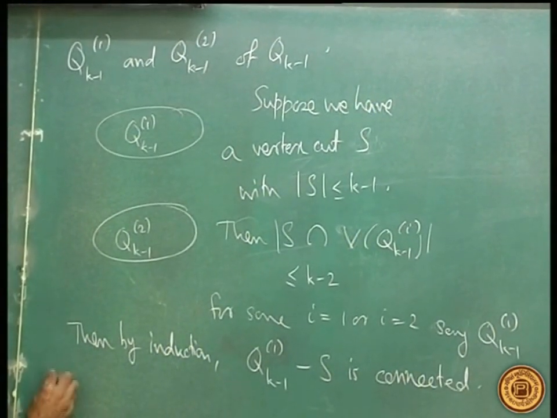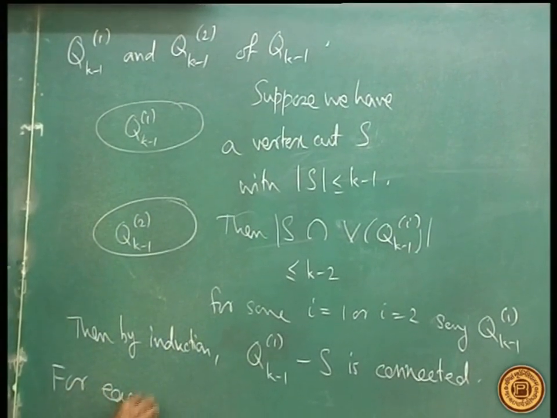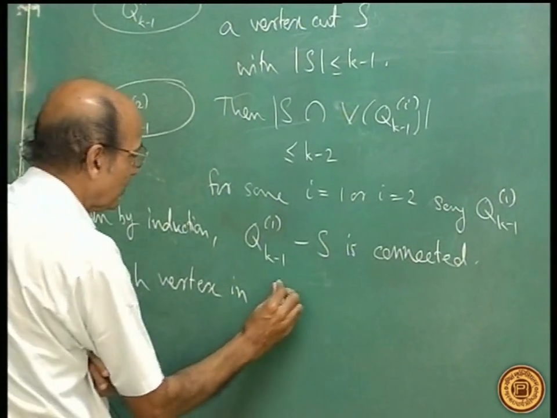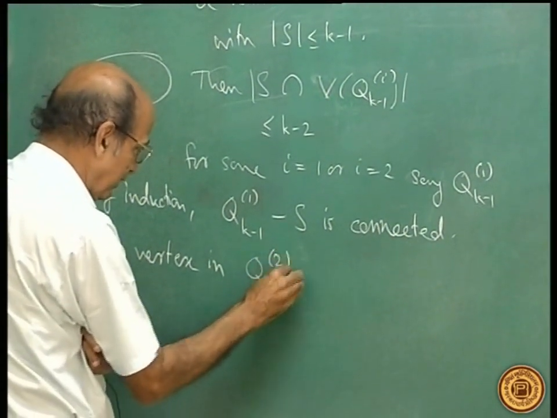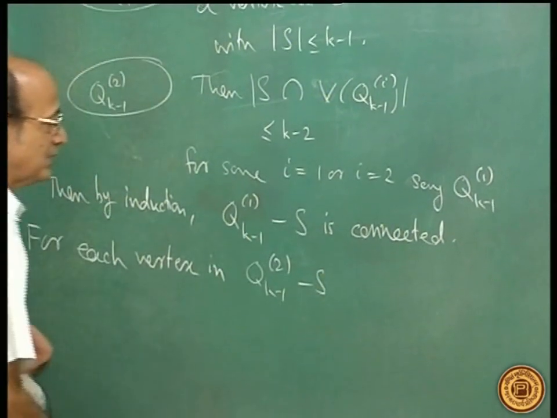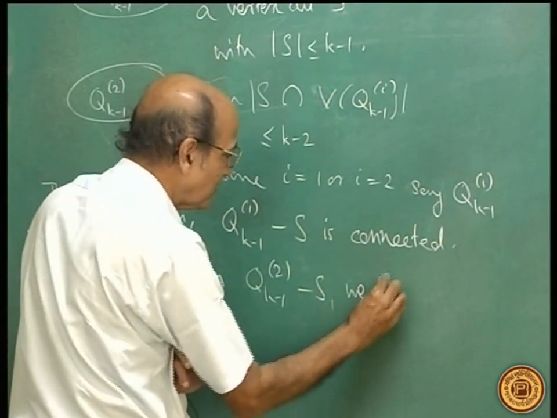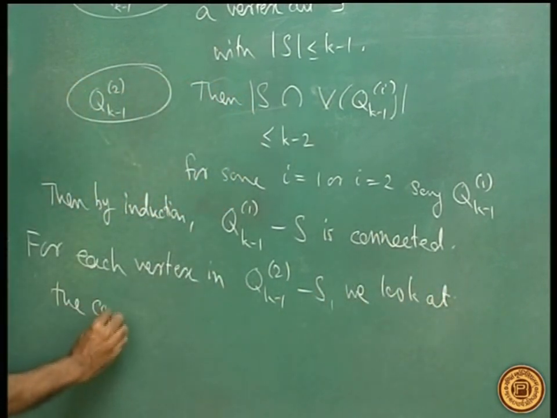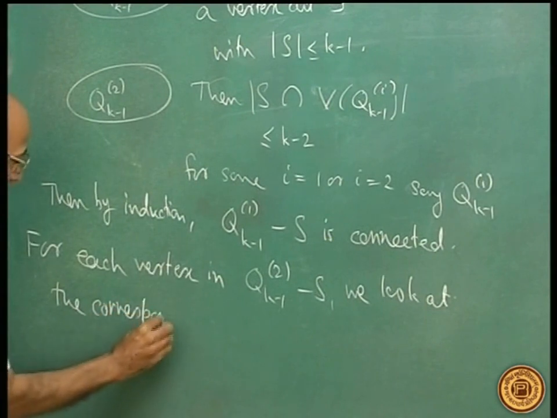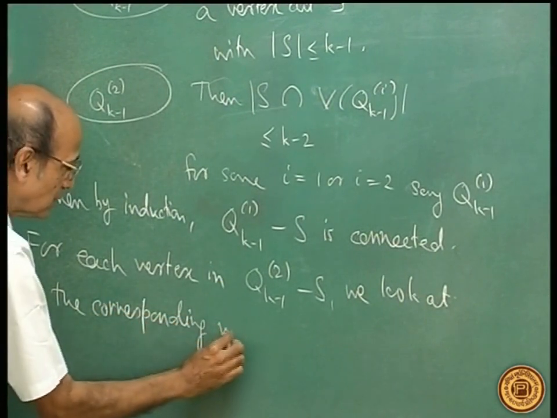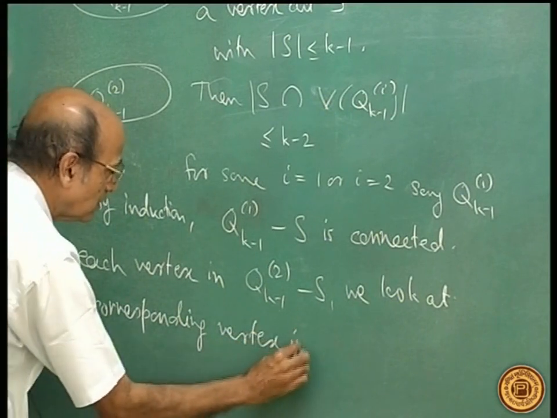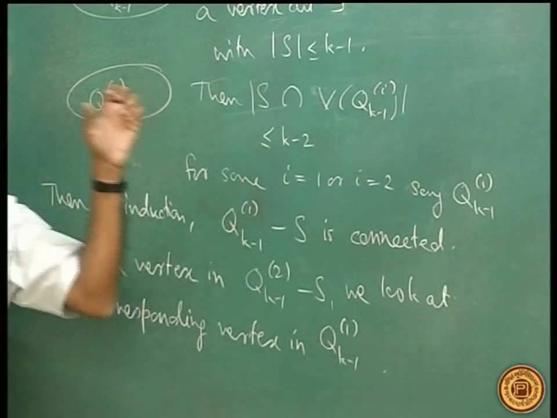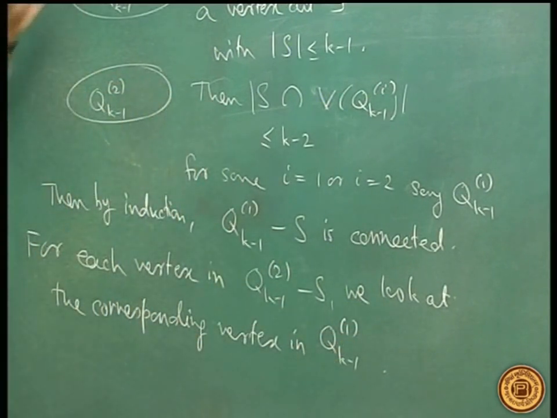For each vertex in the second copy of Qk minus 1, we look at the corresponding vertex and go up that way.